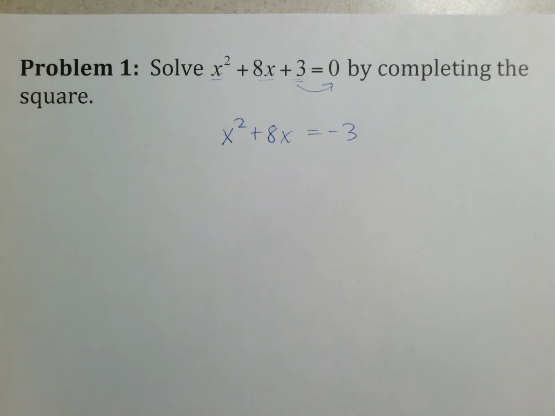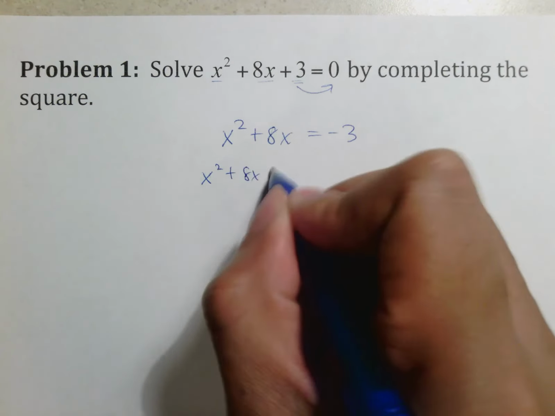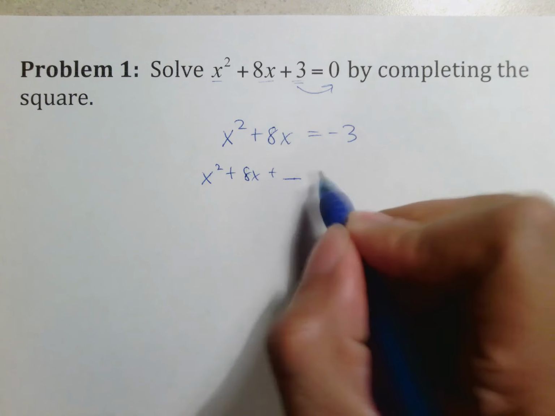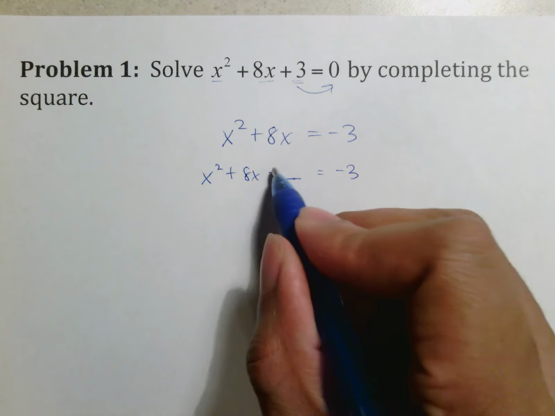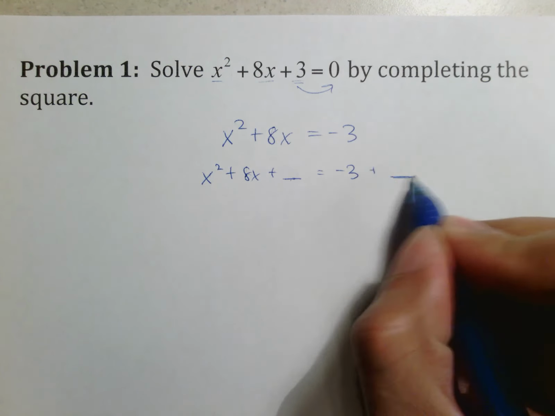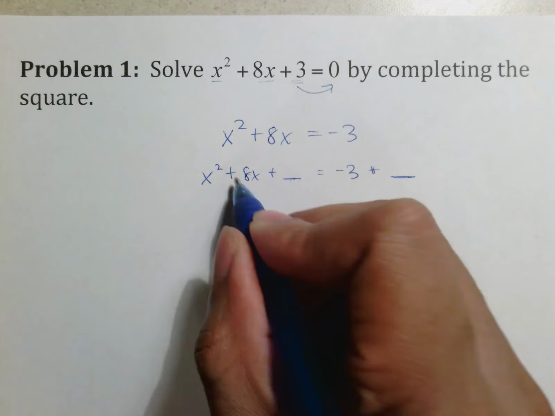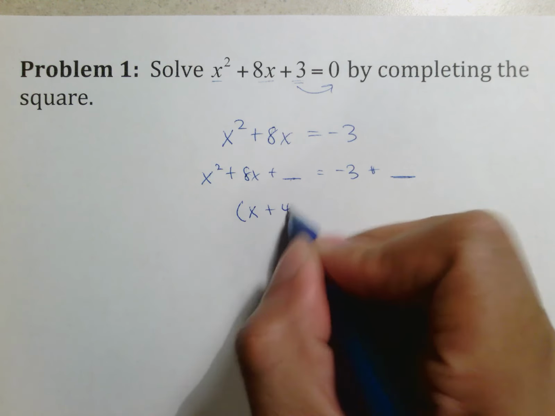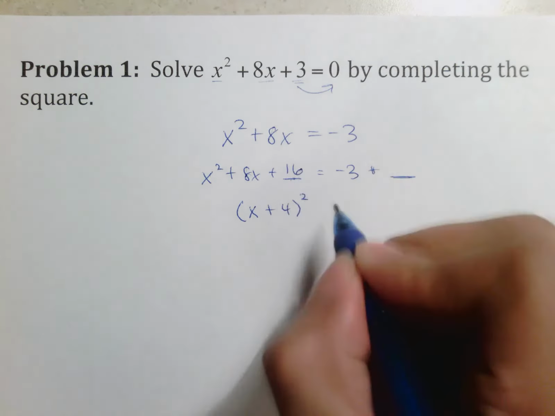Alright. Now what we are going to do is make this a perfect square. So we're going to put x squared plus 8x plus we don't know what, remember we did that, equals negative 3. Well, the thing is, if I add some value that we don't know, we have to also add that same value over here. Now we go through our process. Remember, we put x plus half of 8 being 4 squared, which means that 4 squared being 16, 16 goes here.